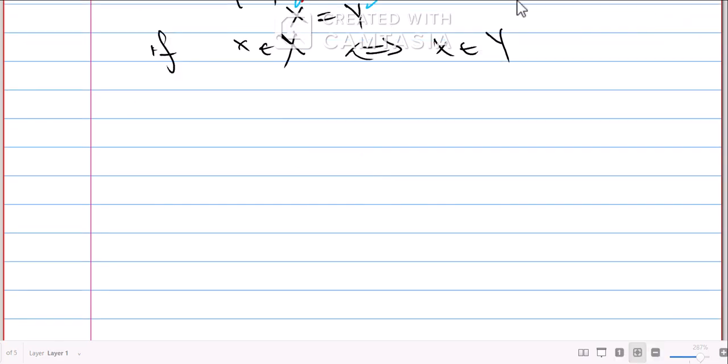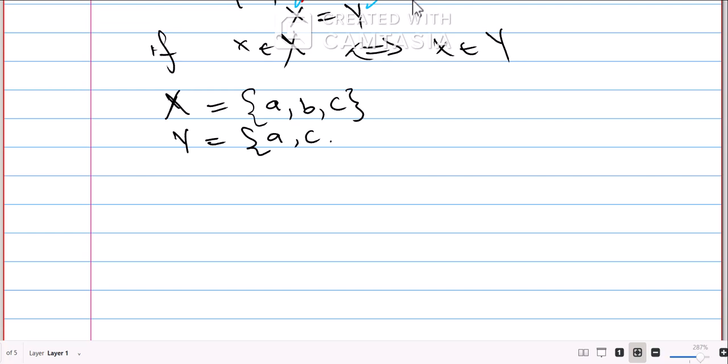Let's consider this example. Let's say X is a, b, c, and Y is a, c, b. The arrangement is not important. The important thing is the members of the sets. You can rearrange this and say a, b, c.